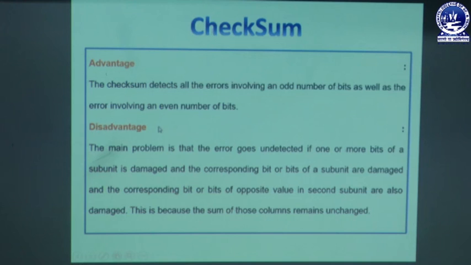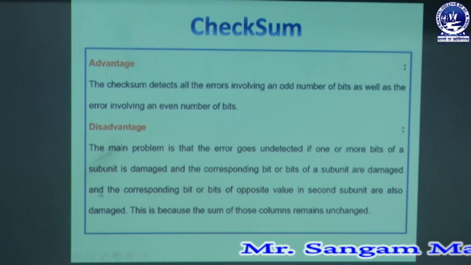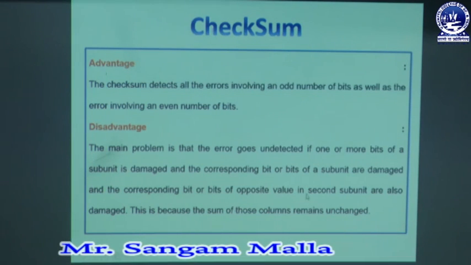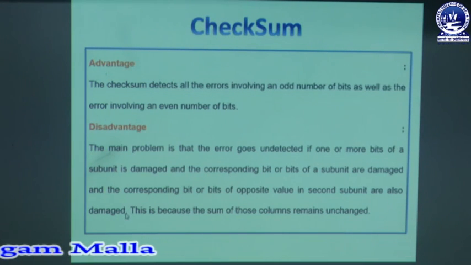Then there is a disadvantage of checksum also. The main problem is that the error goes undetected if one or more bits of a subunit are damaged and the corresponding bit or bits of opposite value in a second subunit are also damaged. This is because the sum of those columns remains unchanged. So the main problem is that the checksum is unable to detect this type of error.